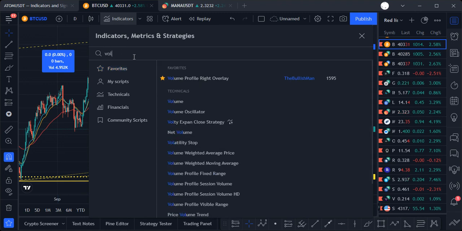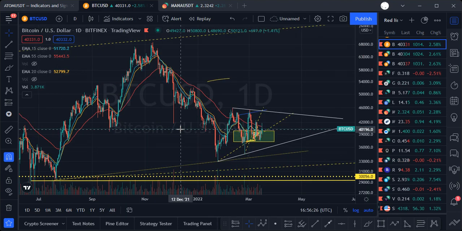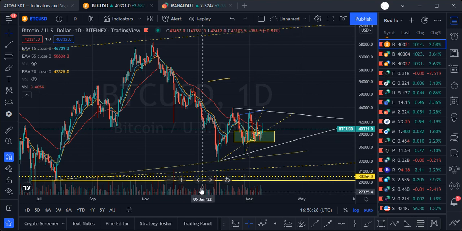Just looking at the pattern here, we might want to retest either here along that trend line of the symmetrical triangle, or down there.